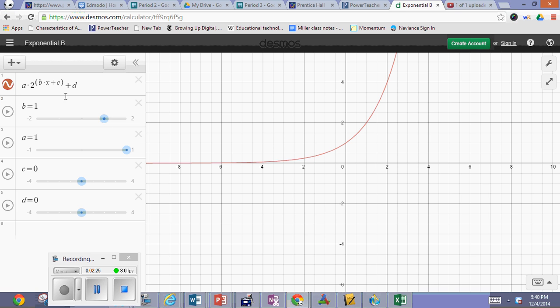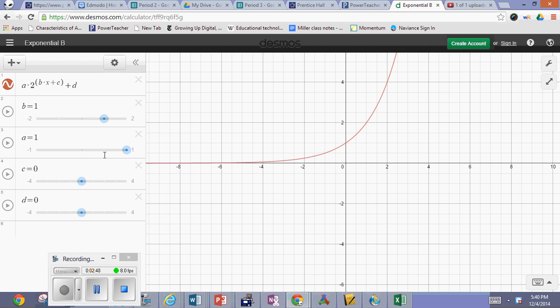Okay. Now we can also flip this across the y-axis, and we know we flip things across the y-axis by taking opposite values of x. So opposite values of x can be controlled by the B slider here.